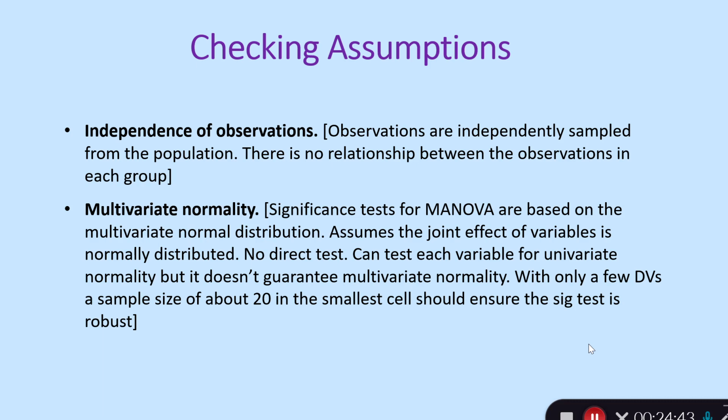So with unequal numbers of participants in our different groups, and only a few DVs, a sample size of about 20 in the smallest cell should ensure a robust F statistic, or robust MANOVA results.